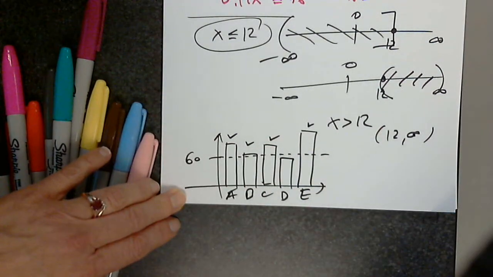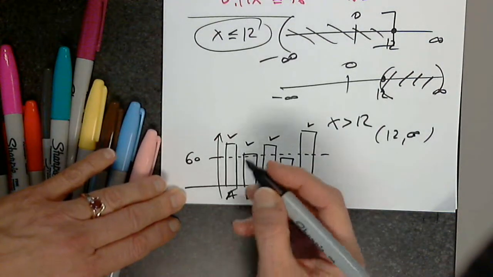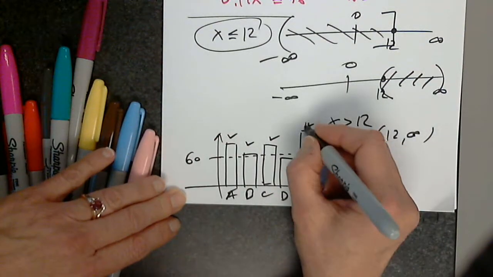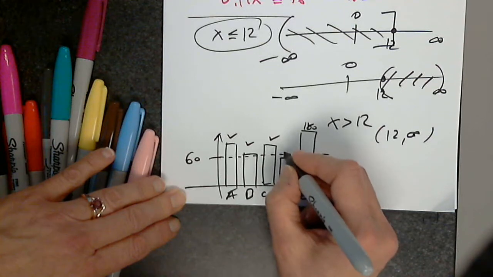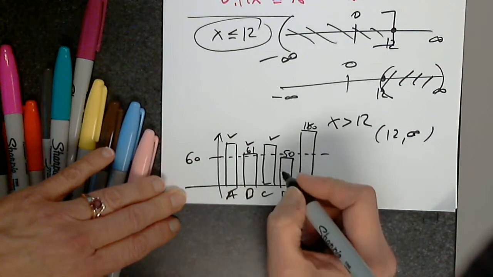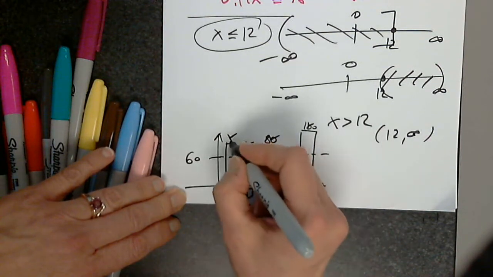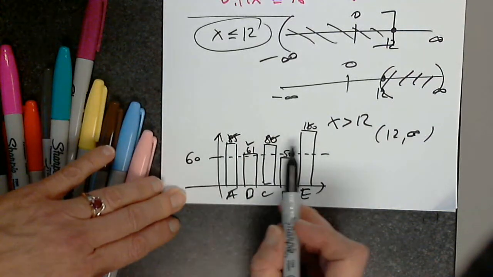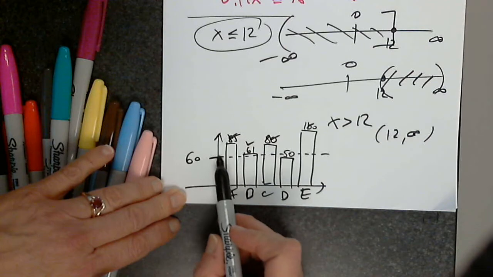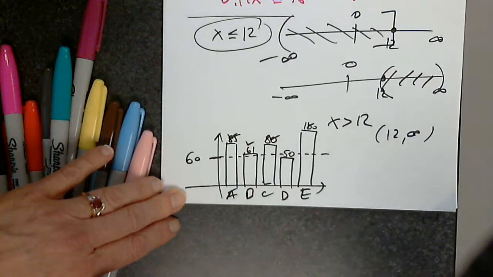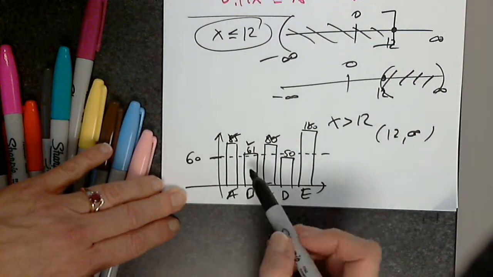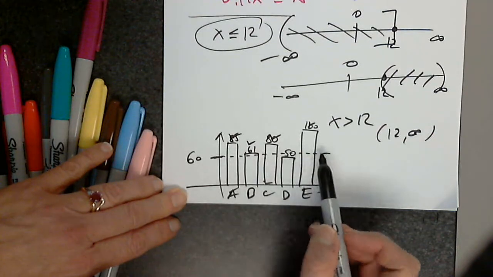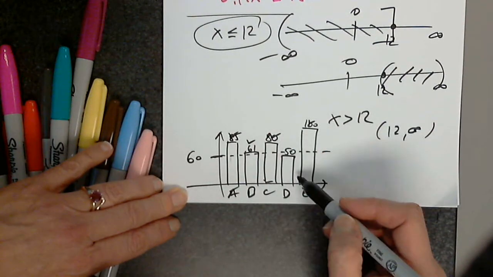So they may write 100 here, 50 here, 61 here, 80 here, and 85 here. Sometimes if they don't write those numbers, and you're asked which of these countries have more than 60 million people, you draw a horizontal line and see which ones are above that line.